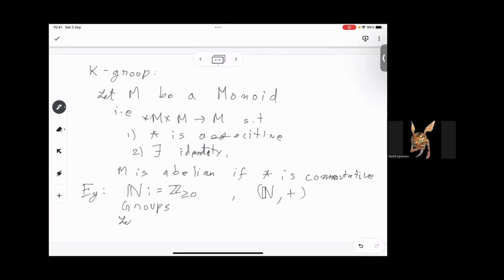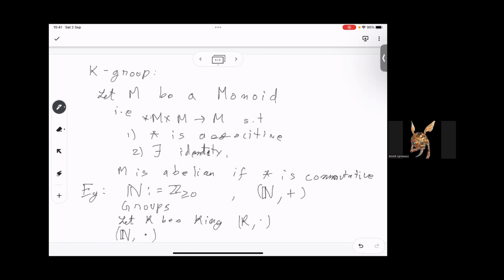So if we have a ring, let R be a ring, we can completely forget about the addition, and that is also a monoid. So R comma multiplication. We could also do something similar to natural numbers, which is to take natural numbers and take multiplication with them.